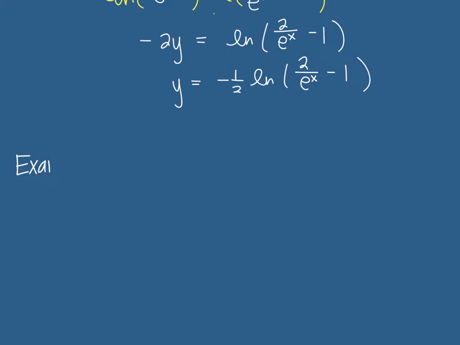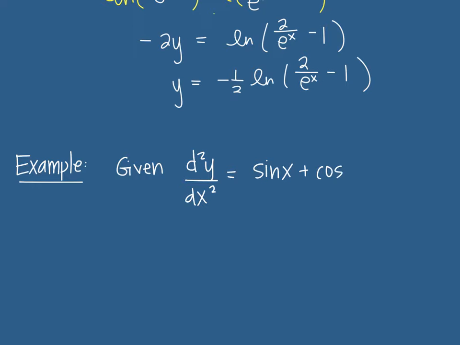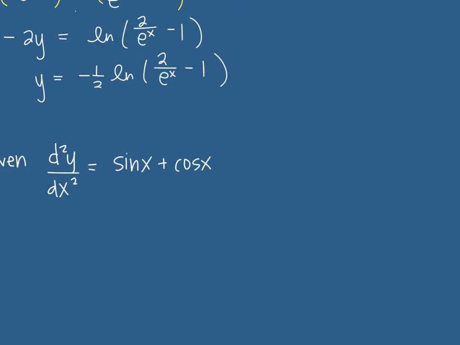Okay, I have one more for you. Okay, this notation: given d2y equals sine x plus cos x, and given 0, negative 3, and given y prime of 0 equals 1.